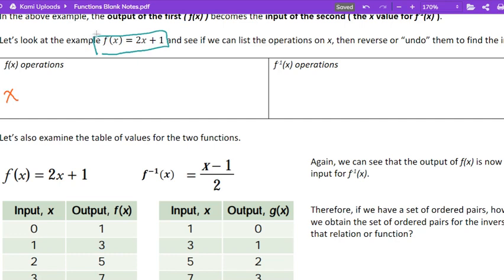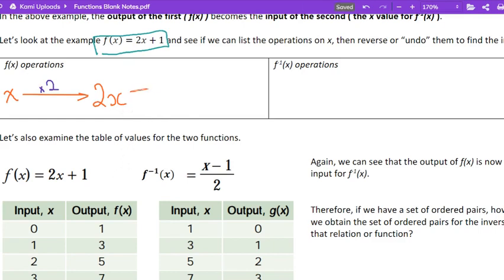Okay, so we take an x, we place it into this equation or function, right? And what is the first thing that is done to the x in this function? Well, it's multiplied by 2, right? 2 times x. And what comes out of that? Well, it would be 2x.